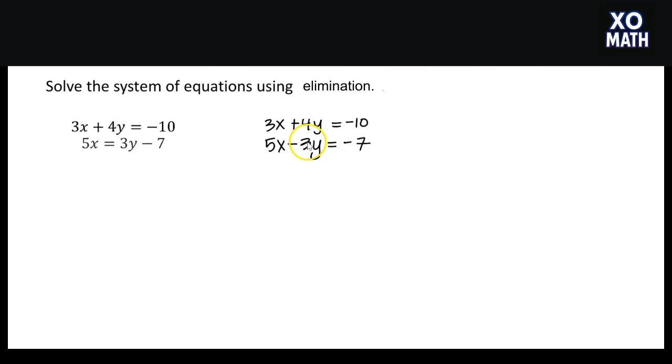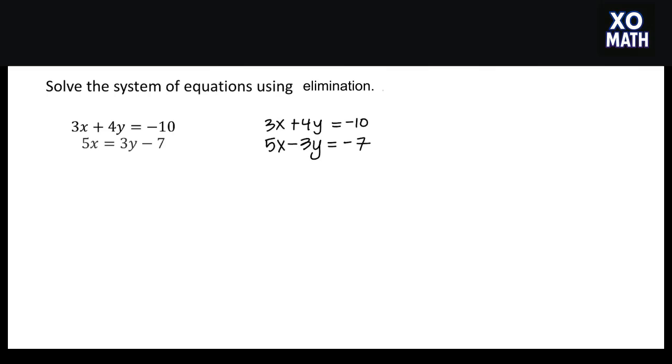coefficients in front of the same variable. Now the y variable already has at least opposite signs, so one of them is positive and the other is negative. So what I'm going to go ahead and do is multiply the top equation by a 3 and the bottom equation by a 4. And what that'll do is create a positive 12 and a negative 12 in front of the y variable.